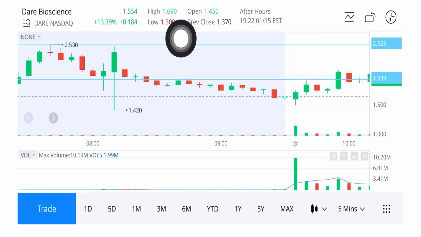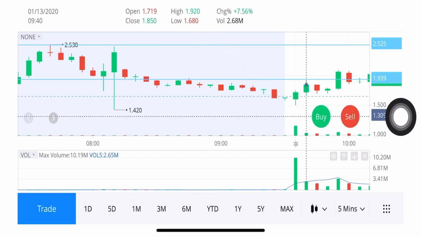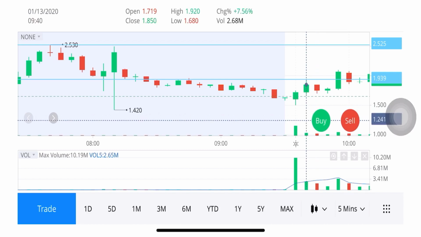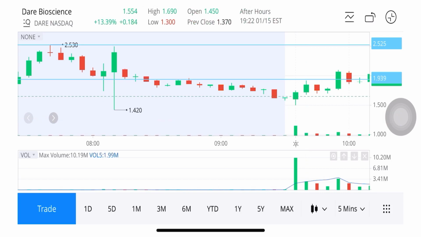I don't want to see it come back from a 20-cent pickup to back down to my entry price, and I'm still in the trade. You can break even and not lose money if you set your stop loss up high during that time, or raise it during that time, but you're going to feel crappy because you missed out on a lot of profit.